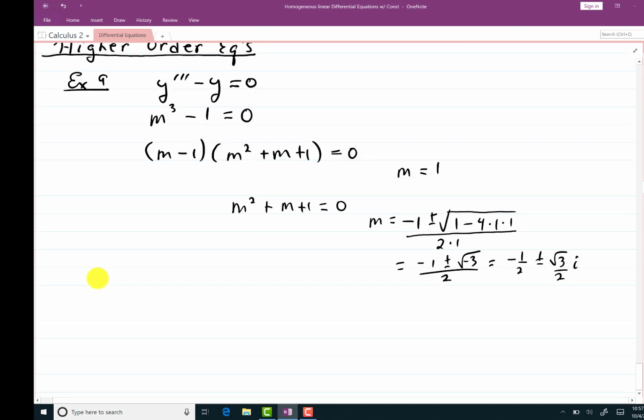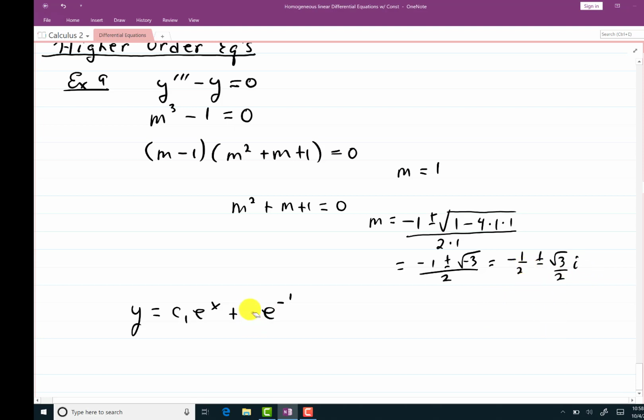And so then our solution is going to be y equals c1, my first solution had a 1, so I'll have e to the x plus c2 e to the negative, well actually probably it's best to do, there's two solutions. Remember this part here is going to give us a cosine and sine, and they'll have c2 and c3 attached to them.